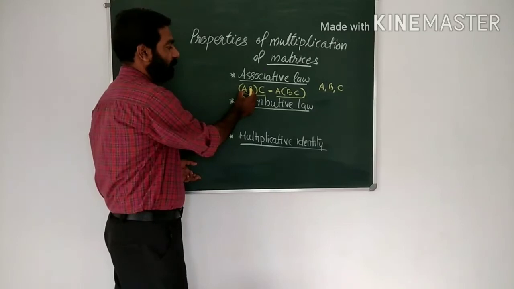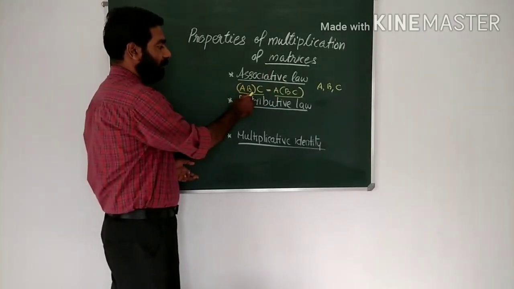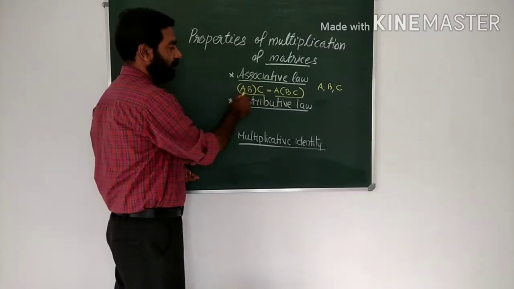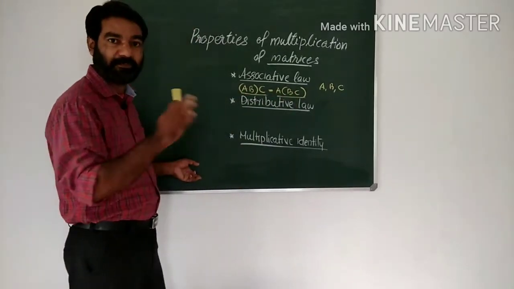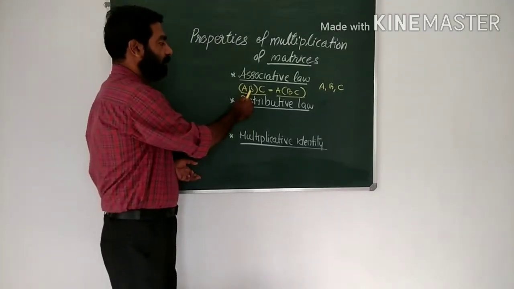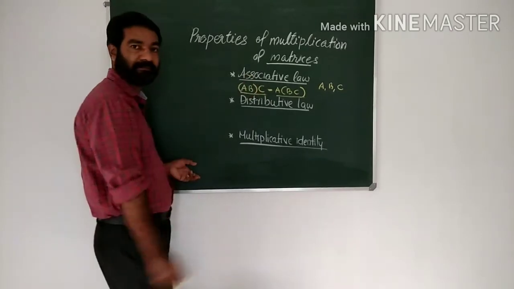Sometimes AB is not defined, so this property does not hold. So AB into C is possible, A into BC is also possible. Both LHS and RHS are defined. Surely A into B into C is equal to A into BC. That is the associative law.